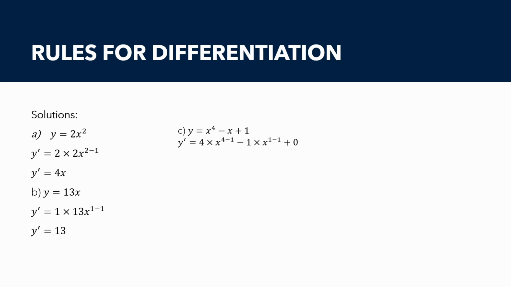And then the 1 is a constant. At the beginning of this subsection, I told you that the derivative of a constant is 0, and hence 1 is a constant, and hence its derivative will be 0. And simplifying that, I get y prime is equal to 4x cubed minus 1.